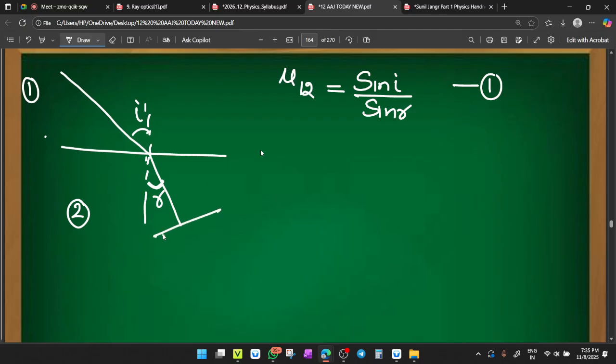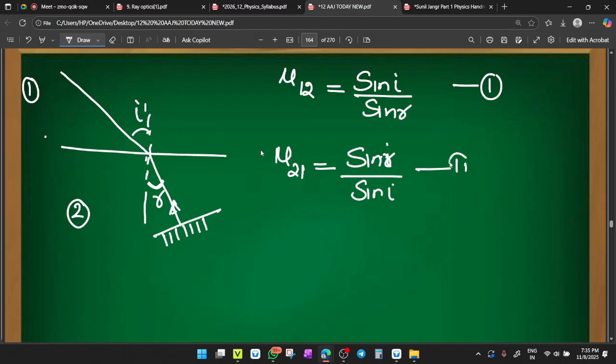If you reverse the path of this light, here is the refractive index of the second medium with respect to the first medium, and now here the refractive index of the first medium with respect to the second medium. So here it will be mu 2 1 because the light is coming from 2 to 1. Clear? So this equals sine r upon sine i, two relations.